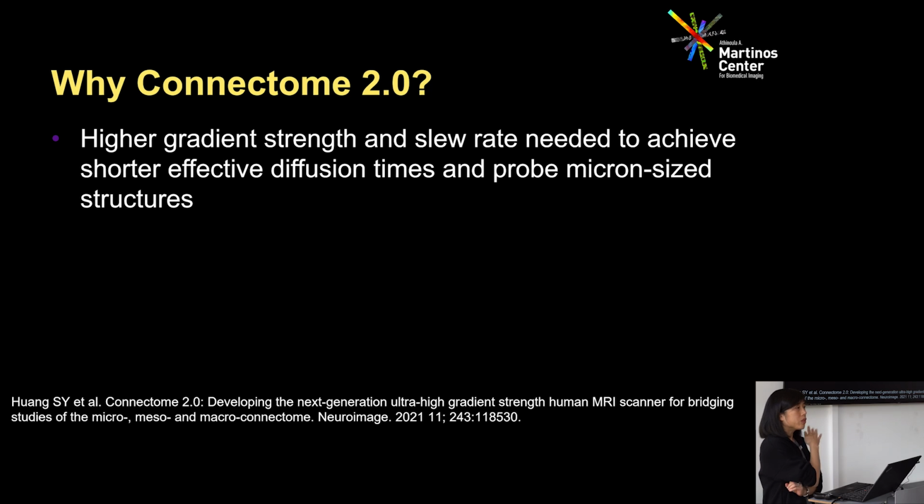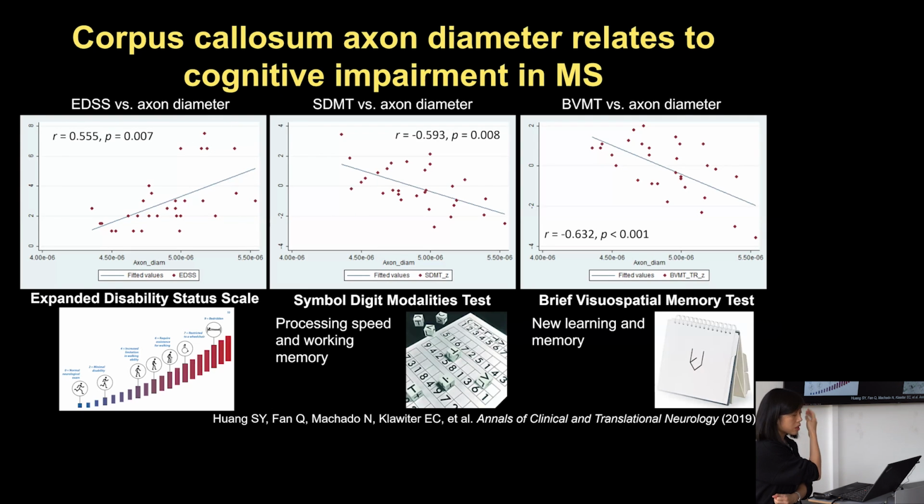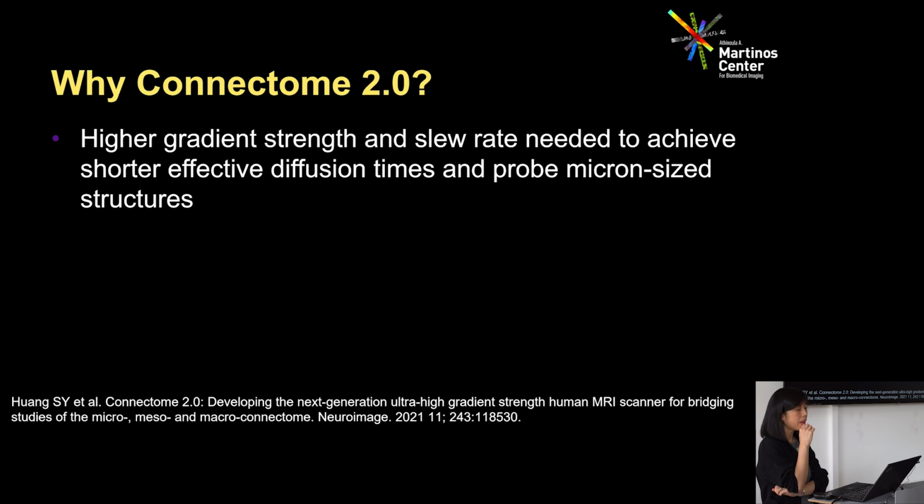One of the criticisms that we got in the early axonal diameter work was that the axons we were estimating were larger than what we know most human axons are. If you look at the error bars and also the scales on these graphs, you'll see that the axons are estimated to be around 4 to 5 microns in size. And we know that most human axons are actually more on the order of 1 to 2 microns or smaller.